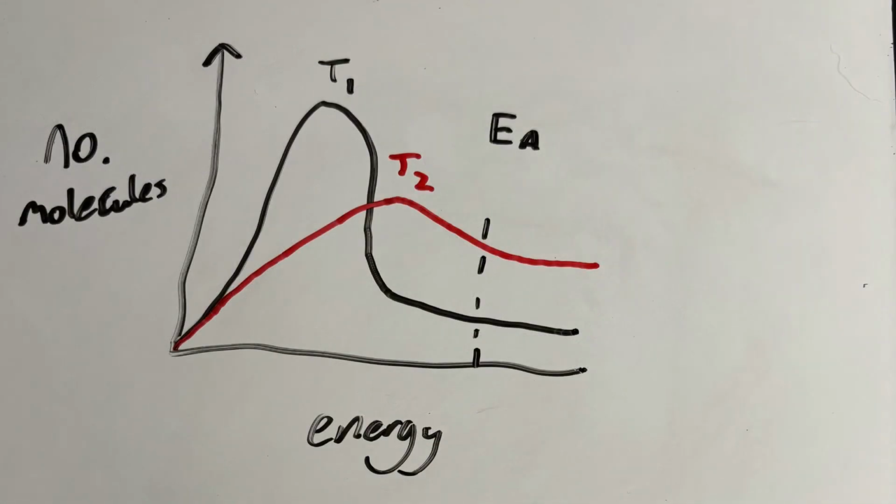Now, if you increase the temperature, you increase the amount of molecules with activation energy or more, which is why the red line is higher at the activation energy. Now, the peak in the first temperature doesn't exist as much in the second temperature, and that's because you want to keep the area the same, because you're not introducing new molecules into the reaction, you're just changing the temperature.